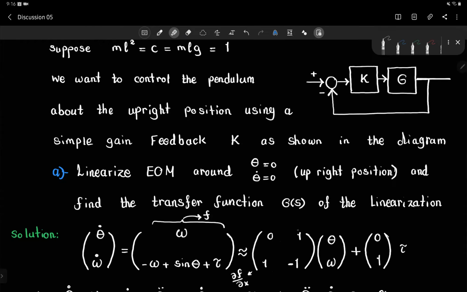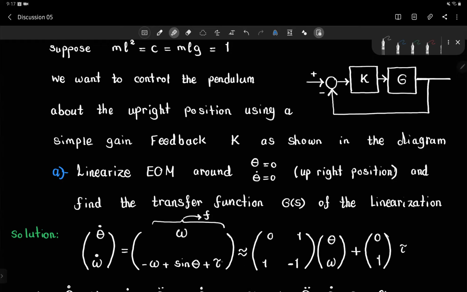Then partial omega by partial omega, that's 1. Then partial this by partial theta is going to be equal to cosine theta. Cosine theta at theta equal to 0 is just equal to 1, right? And then partial this by partial omega is equal to -1. So this is the first matrix, partial f by partial x.